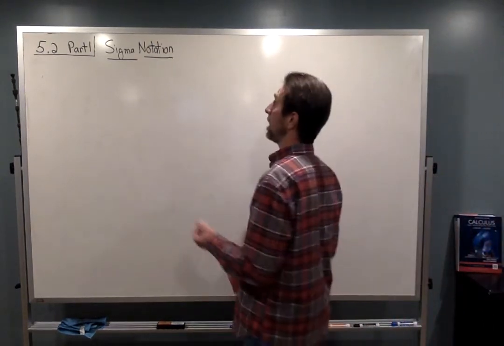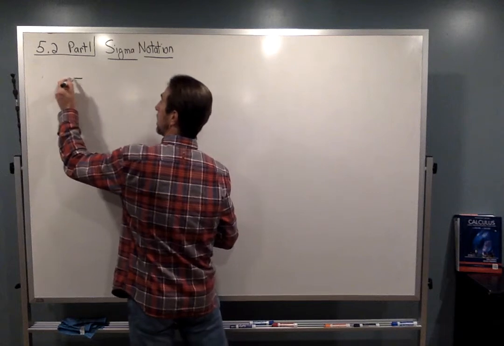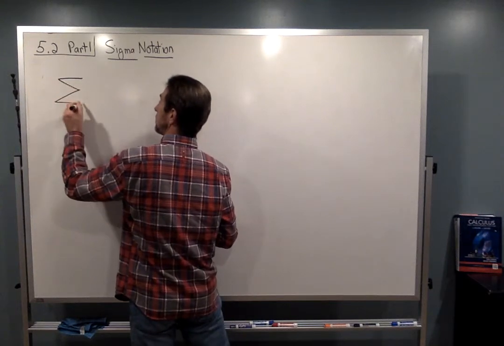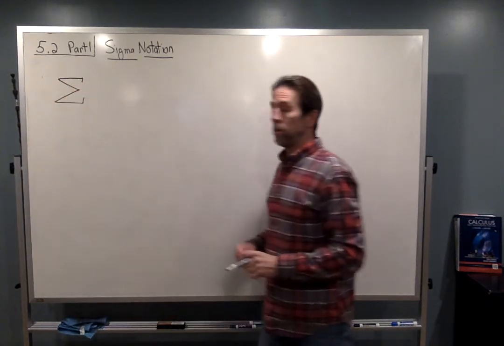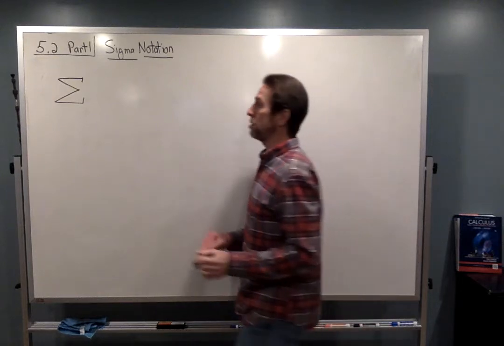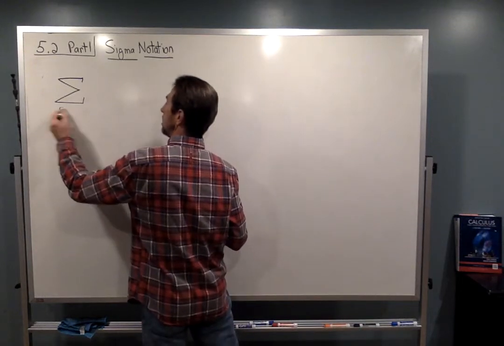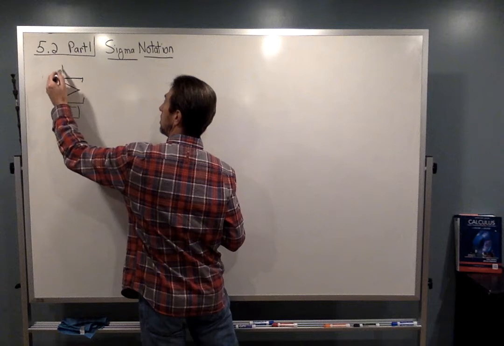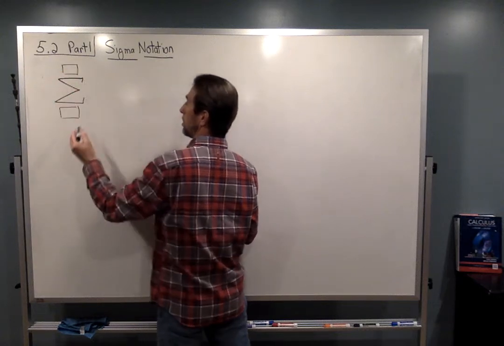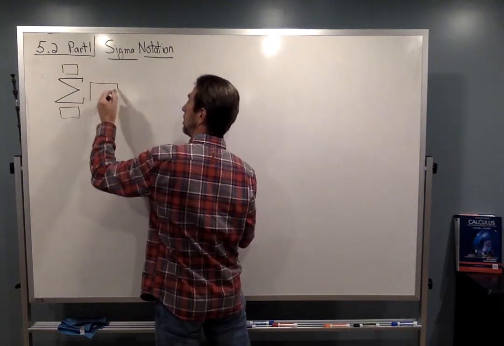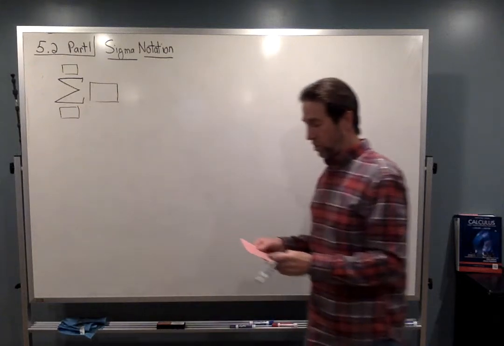First of all, sigma notation is named because of the Greek letter sigma. Now, the sigma notation really has three components to it. One, you want to have something here, you want to have something above it, and you want to have something in that position.